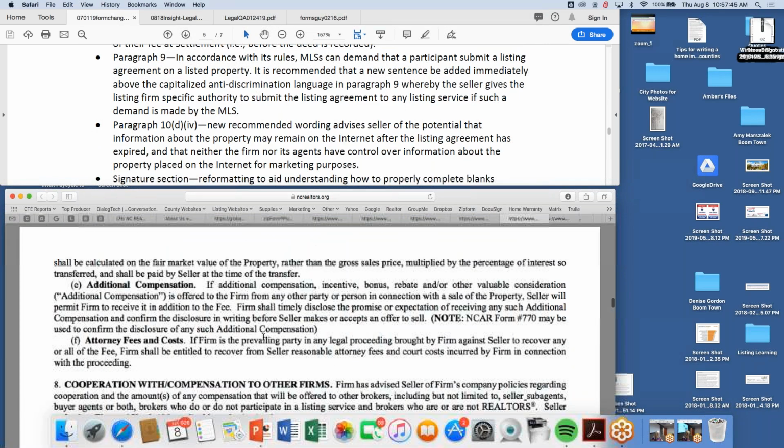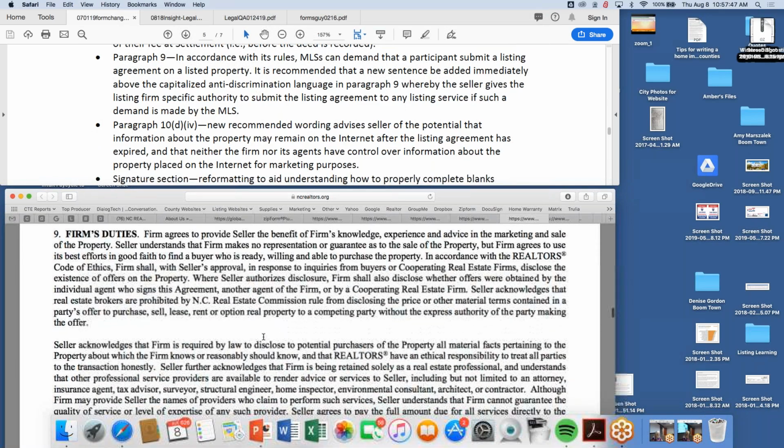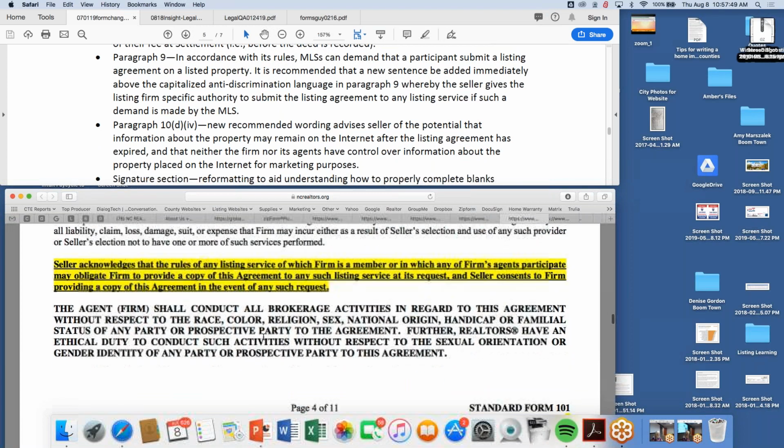So paragraph 9 is just basically reminding people and allowing us to share information. There are certain cases where our MLSs will require us to provide a listing agreement, or has questions if there is some type of complaint against us, or we need to share information because we're withholding a listing from the MLS.